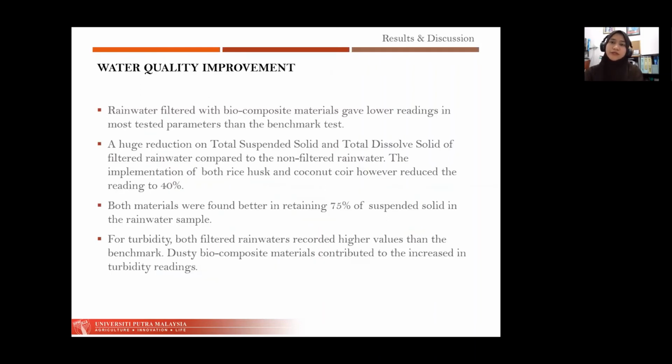In terms of the water quality, the biocomposite materials are efficient in retaining the solid residue in the rainwater. The implementation of both rice husk and the coconut coir, however, reduced the reading by 40%.